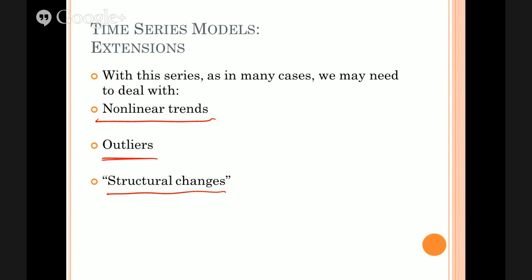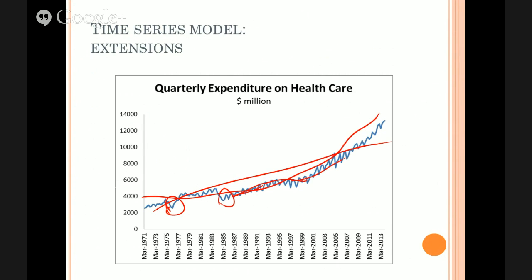And then you've got the possibility of what we describe as structural changes. Somehow the series is journeying along on a particular level, and then, for example, if we're talking about expenditure on healthcare, suppose the government said, right, we're going to reduce the subsidy on healthcare, so people have to spend more. So there's a big government policy change, and you've now got to start paying to go to the doctor or pay more for your medicines.